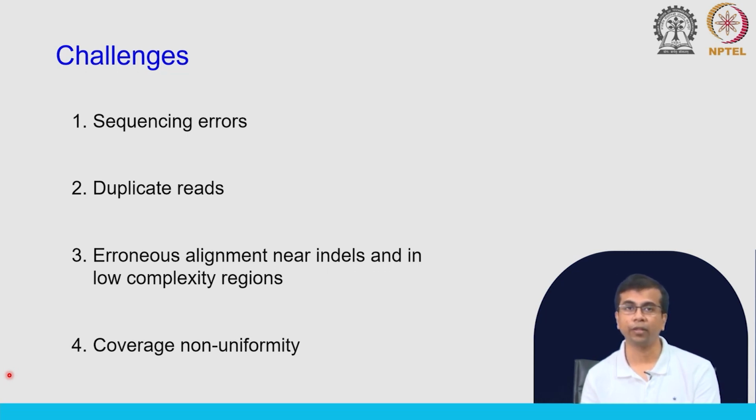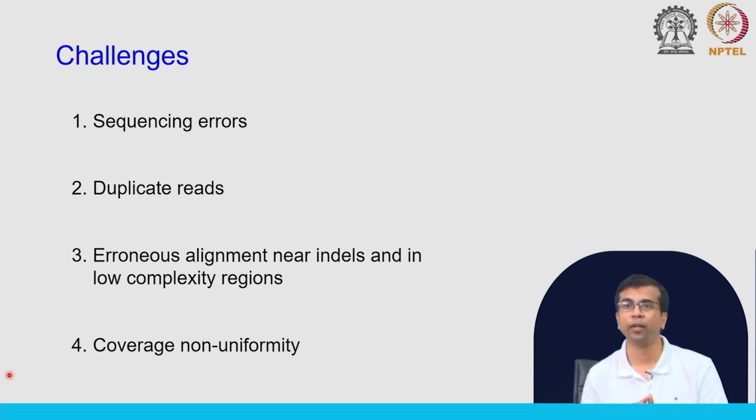What we mean by coverage non-uniformity is that not all regions of the genome have the same coverage. There is a lot of bias, and these biases come from, for example, amplification bias. Certain sequences are amplified much more efficiently during the amplification step compared to other sequences.